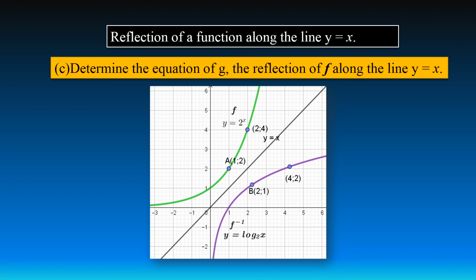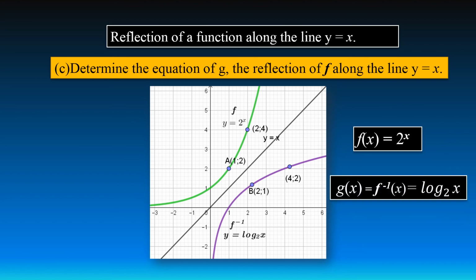So f is reflected along the line y equals x, and we get f inverse. So what we have to do here, we simply write the reflection is the same as the inverse of f, and the inverse of an exponential function is log x base 2.